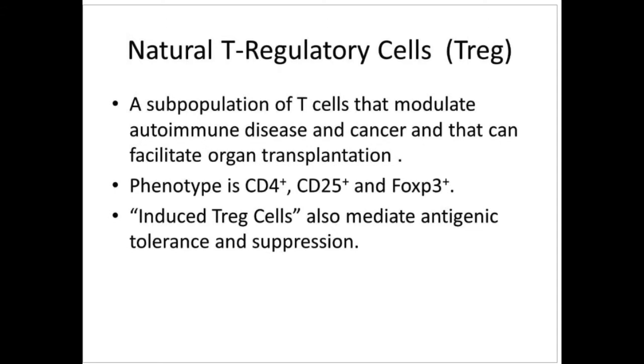Now that's the interleukin-2 receptor. For some reason, that probably contributes to an inhibitory phenotype. And you also have a transcription factor called FOXP3. I think we talked about that once before too. These T regulatory cells also mediate antigenic tolerance and suppression.